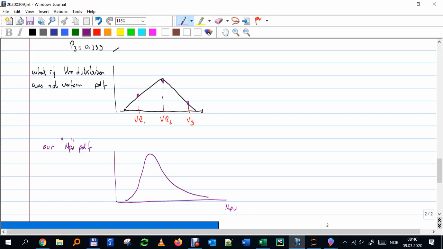Can we use this method to discretize this distribution? Yes, it's the same. I define 3 values, NPU1, NPU2, NPU3, and then I read the probability and then simply normalize it. It's exactly the same.